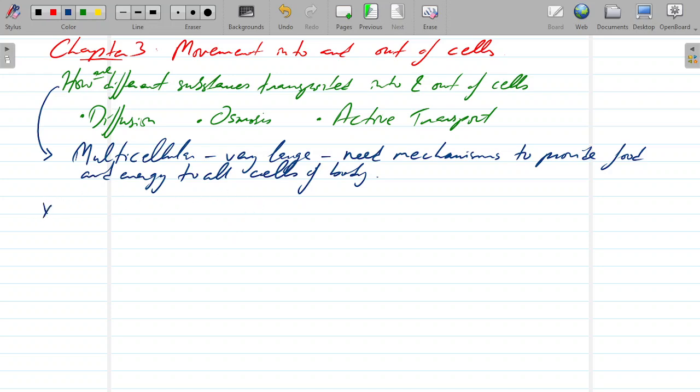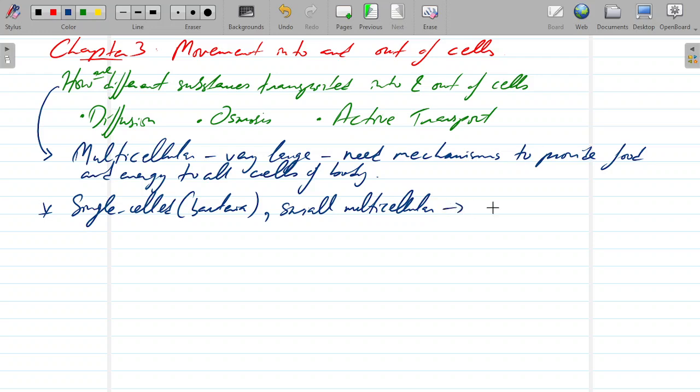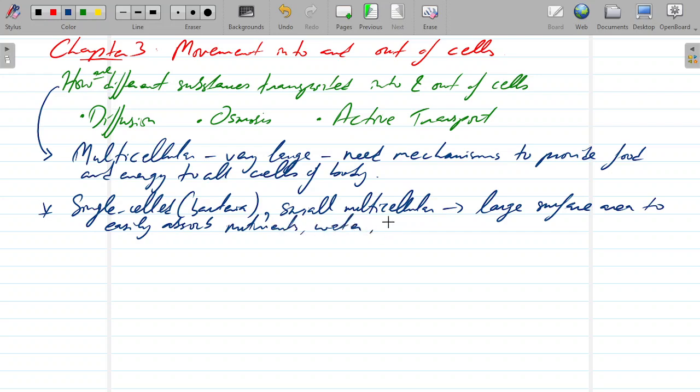Now, in a single celled organism like bacteria, or in small multicellular organisms, what they have is a large surface area to easily absorb nutrients, water, oxygen directly from their environment.